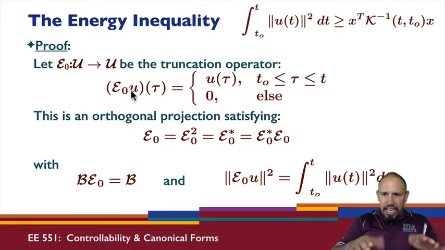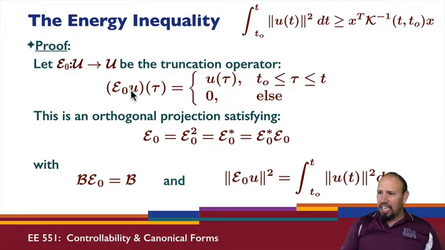If I truncate again, I get the same thing back. I can truncate it as many times as I want, and I still get the same thing back. I can also go through and show that it is self-adjoint. Remember, the input space to this is U, and it maps back onto itself.